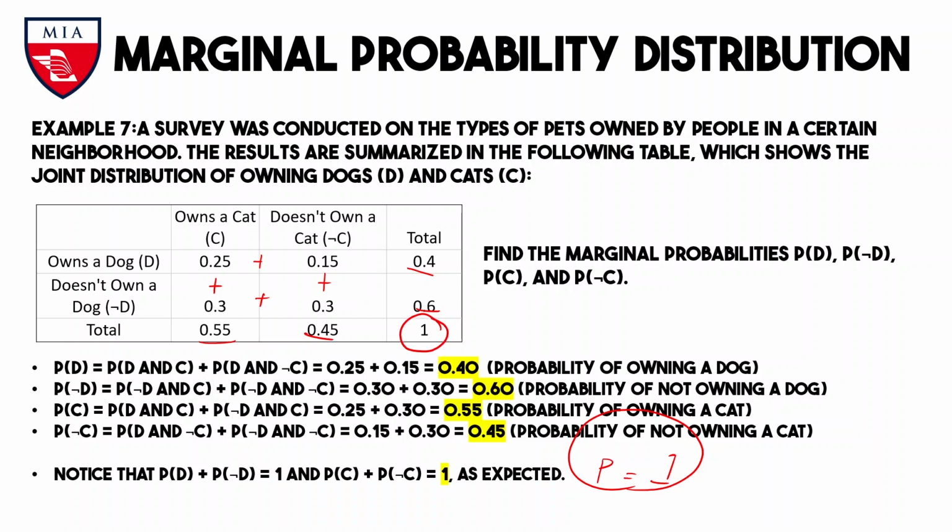Okay? Again, in terms of marginal probability distribution, we are dealing with the sum of the probabilities based on different rows. Okay? So in our case, we need to find the marginal probability of D, D-bar, C, and C-bar. Okay? So that's how simple it is.